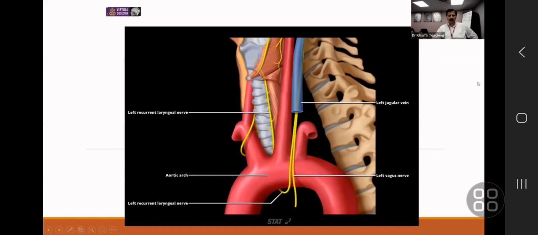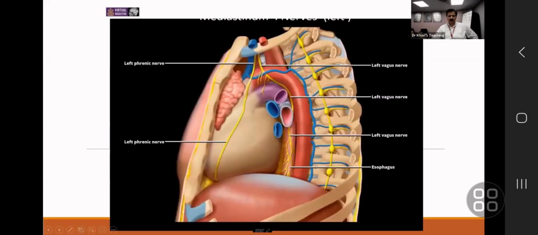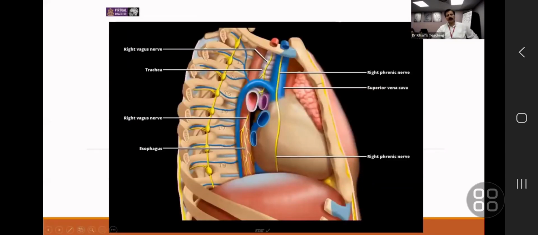Can you go to the previous slide? Should I go back to the phrenic nerve? Yes. From here onwards, can you repeat whatever you said before?